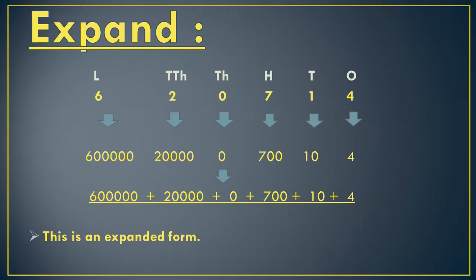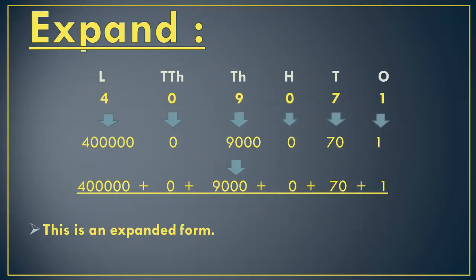Okay, move to next. Now, can you write the expanded form of this number? So this number has 4 lakh. So the place value of 4 is 4 lakh. 0 has a place value of 0. 9 is in the thousand place. So the place value of 9 is 9,000.